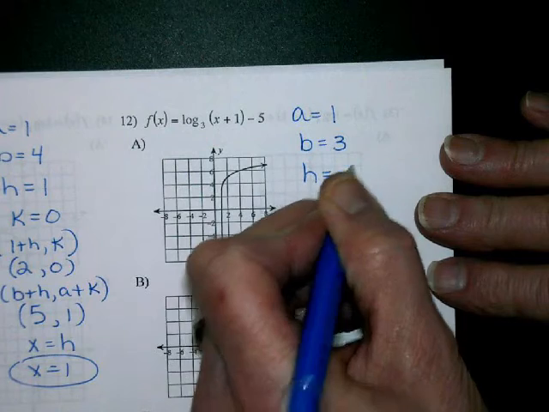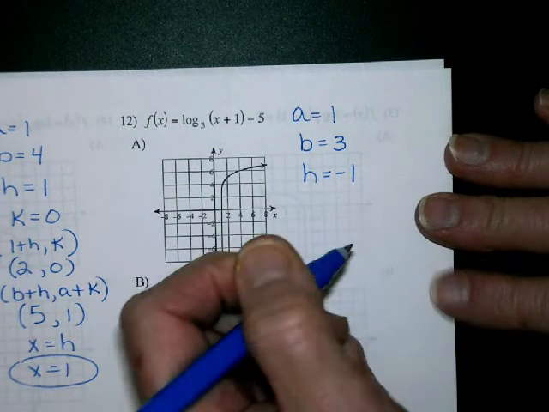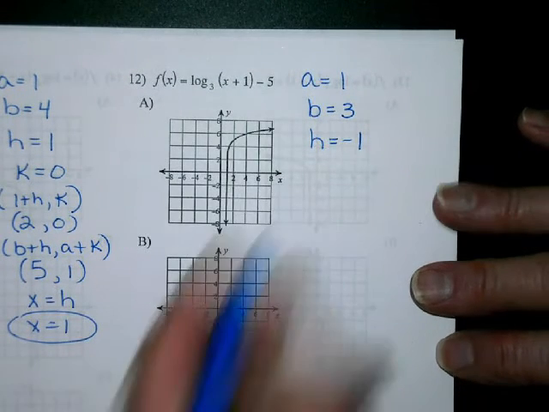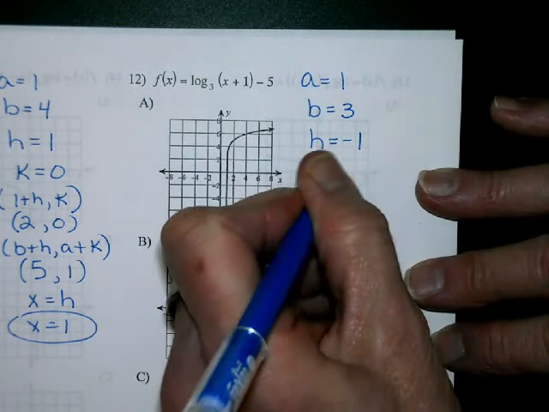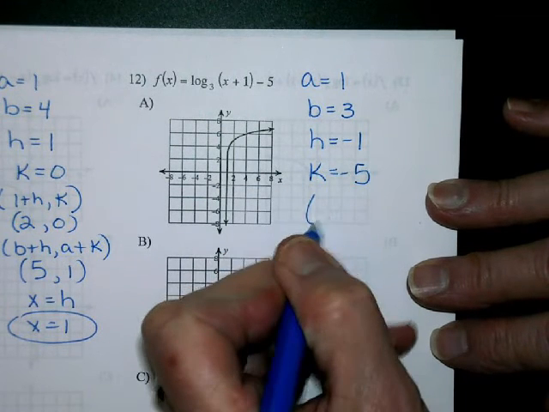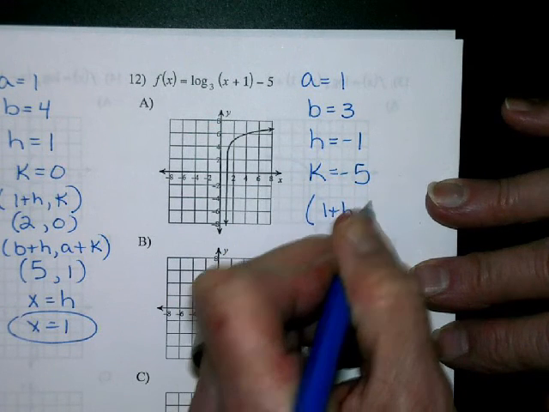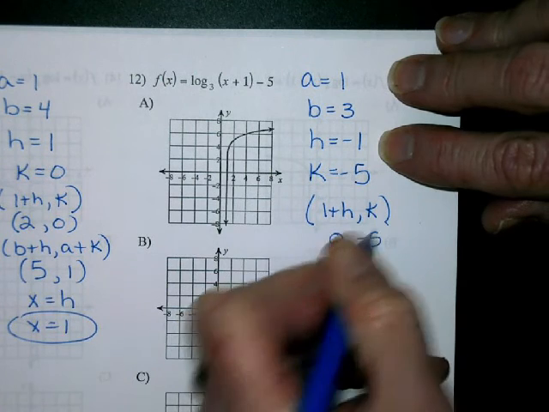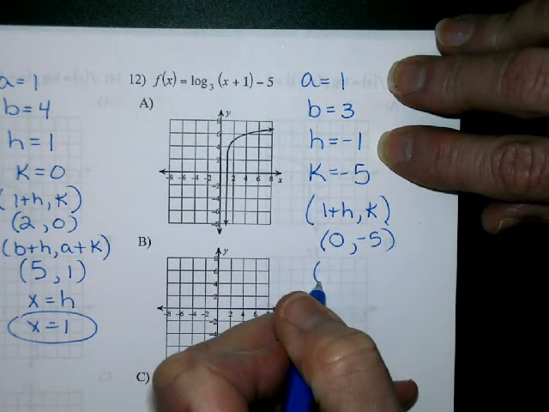A is 1. B is the little 3. H is negative. Where you're probably going to make a mistake on these straightforward ideas, you will get the wrong sign for H, so watch out. One plus H and K as a reference point.